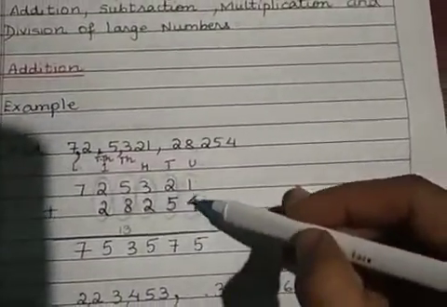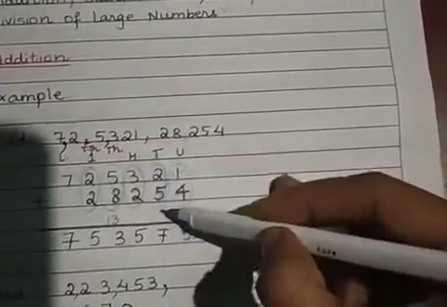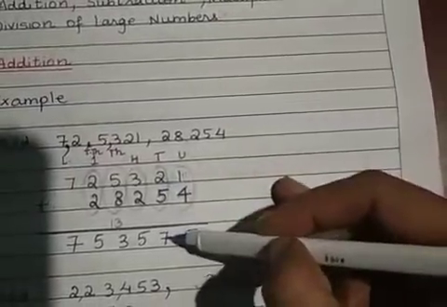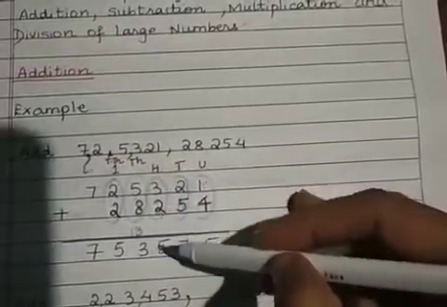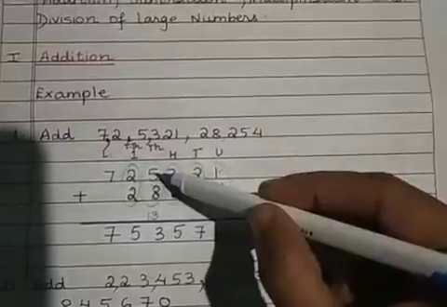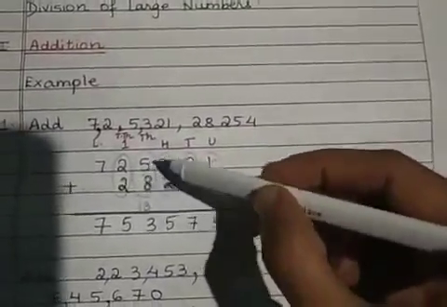So here you have 4 plus 1, 5. Then next is tens place. So 5 plus 2 is 7. Then 3 plus 2 is equal to 5. And the next is 8 plus 5, which is 13. Now this is a 2-digit number.